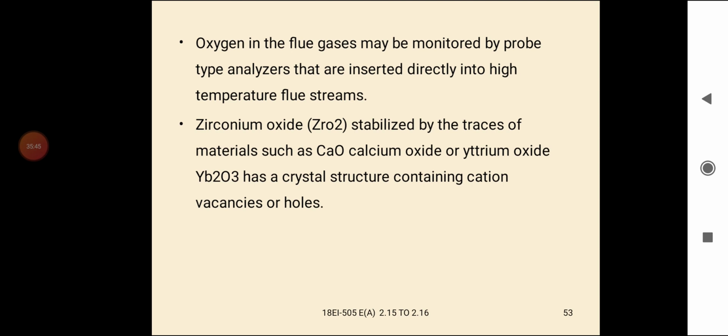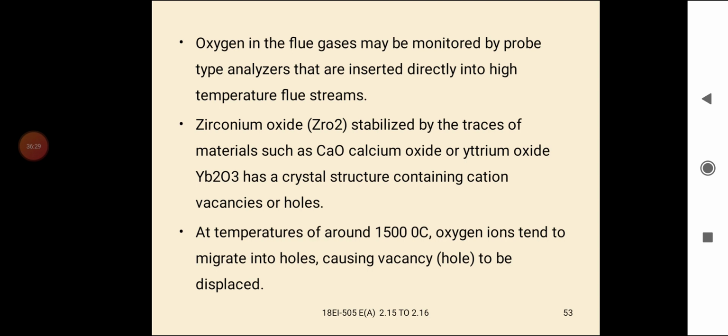Zirconium oxide, ZrO2, stabilized by traces of materials such as calcium oxide, CaO, or yttrium oxide, Y2O3, has a crystal structure containing cation vacancies or holes. At temperatures around 1500 degrees centigrade, oxygen ions tend to migrate into the holes, causing the vacancies to be displaced.